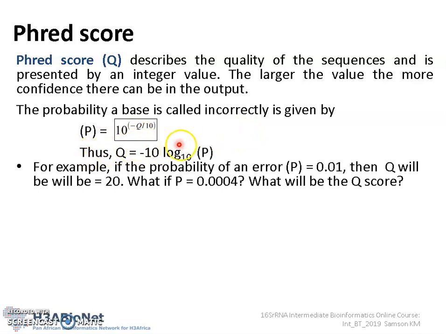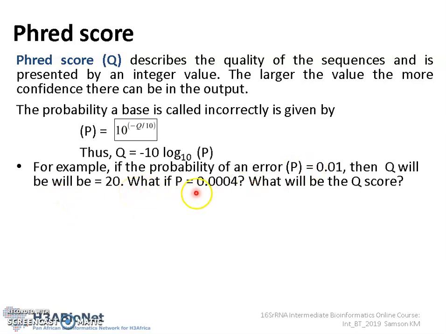If you transform this by introducing a logarithm, you get that the quality score Q is equal to -10 log base 10 of P. For example, if the probability of an error P is equal to 0.01, which would mean the chance that the base is correctly called is 99.99 percent and the chance that it is wrongly called is 0.01, then we get a quality score of 20.